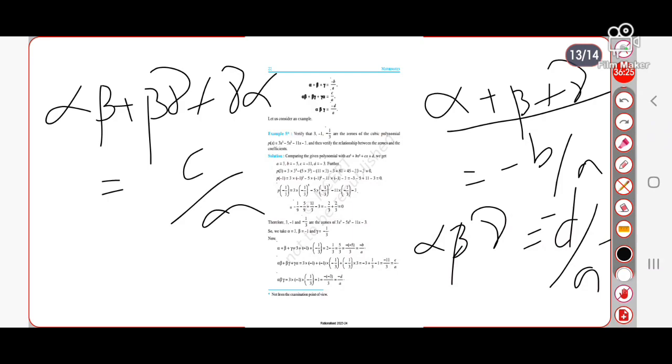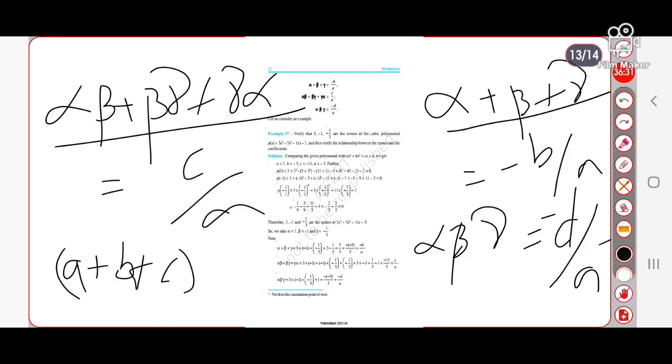Why is this needed? Because in (a plus b plus c) the whole square, what we will do here: a square plus b square plus c square plus 2ab plus 2bc plus 2ca.